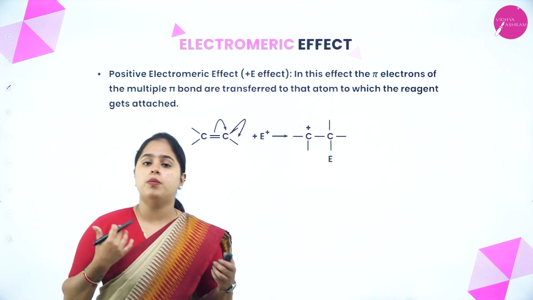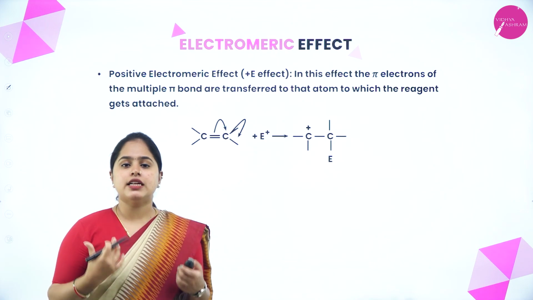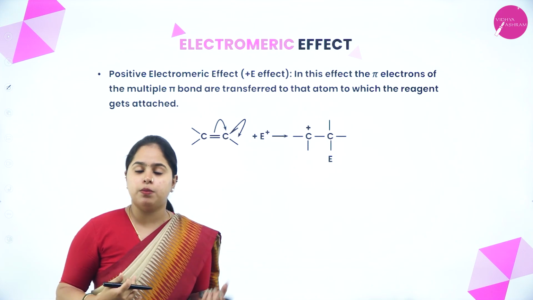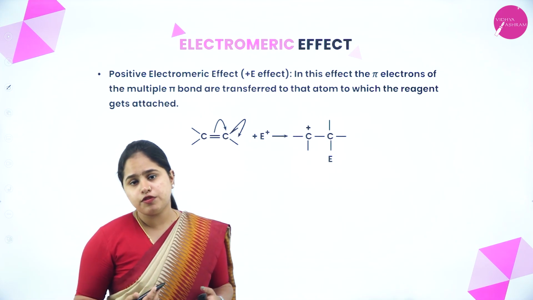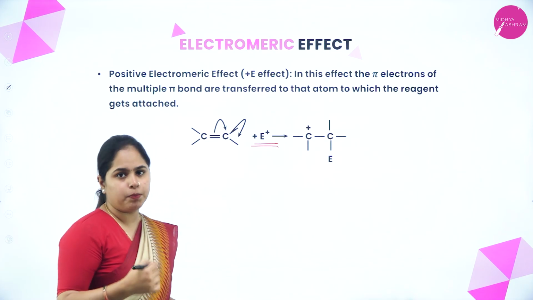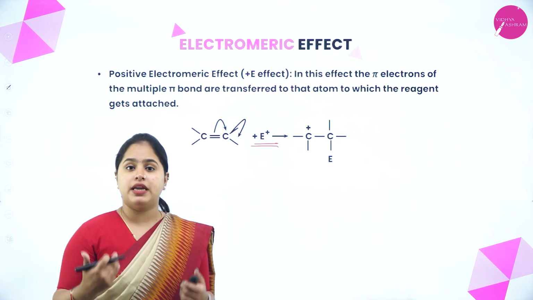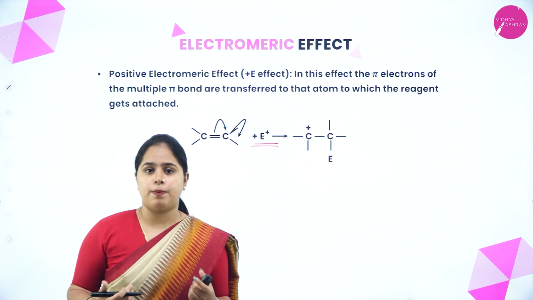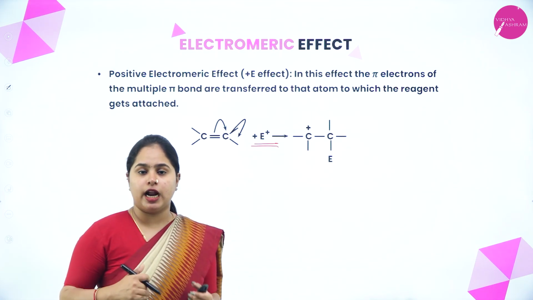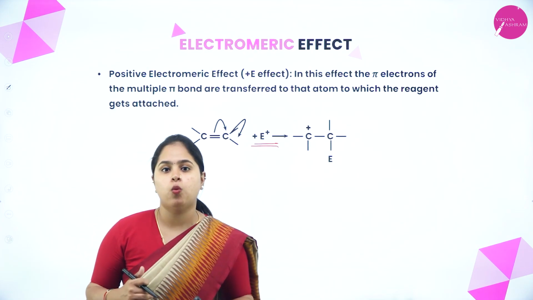So when does a compound show the electromeric effect? That is if the compound has multiple bonds, that means a double or triple bond, and if it is attacked by an electrophile, which is represented by E plus, right? If it is attacked by an electrophile, what happens is the pi electrons will be completely transferred to either one of the atoms.